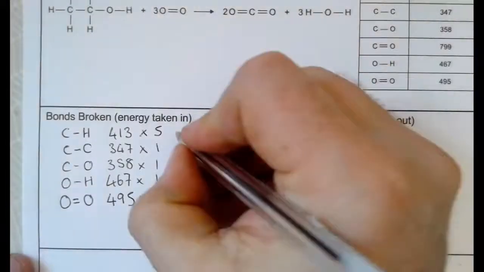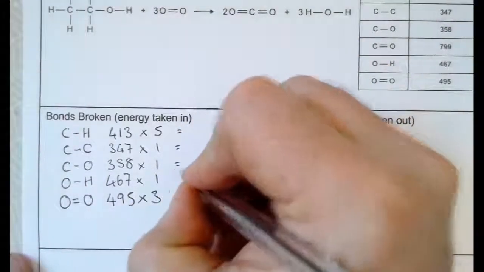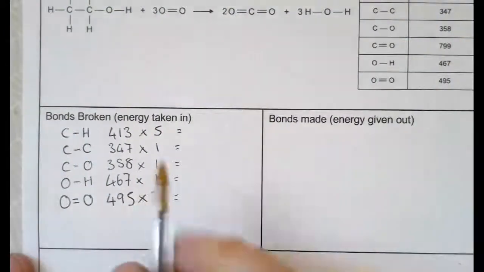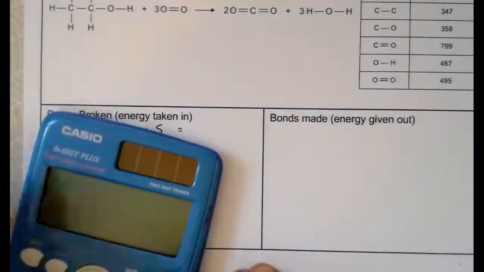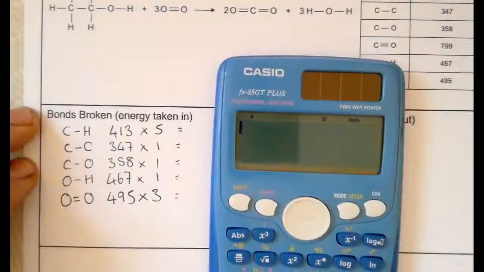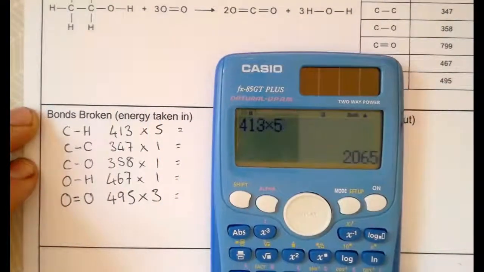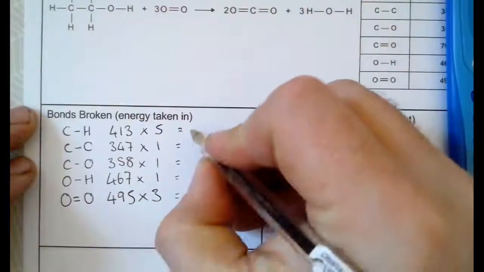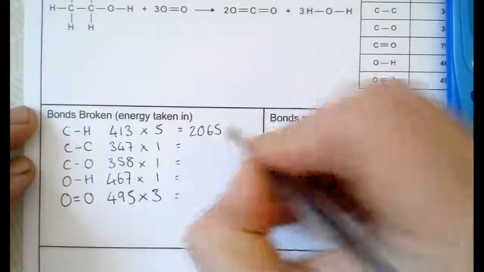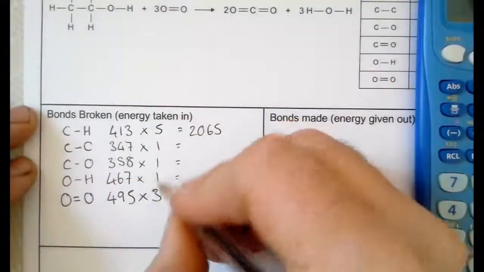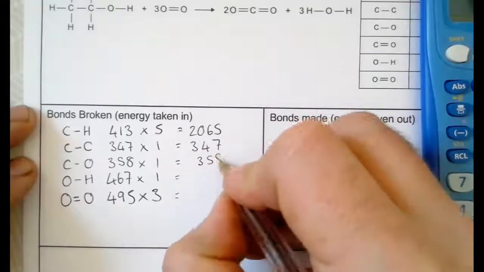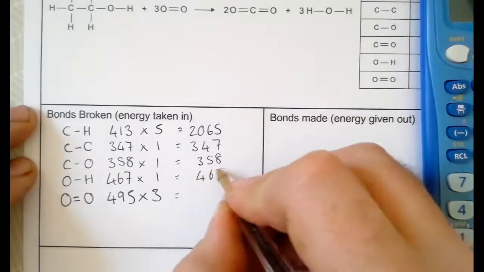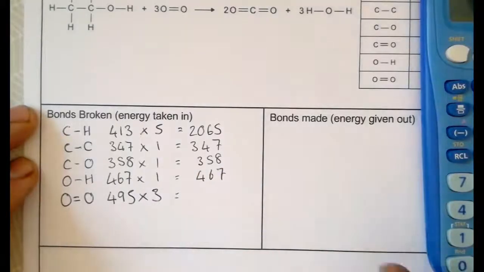Next, we need to do our sums using a calculator. 413 times 5 gives us 2065. All of these others are just times by 1, so that's pretty straightforward. And then lastly we've got our oxygen, 495 times 3.